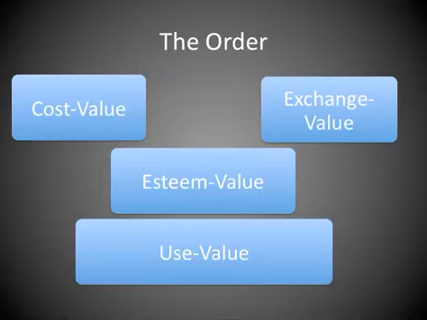Both of those are based upon esteem value, but have no direct relationship to use value. So in order to get to the value of something because we use it, we have to go through esteem value, and that can get a little tricky as we wander through the order.